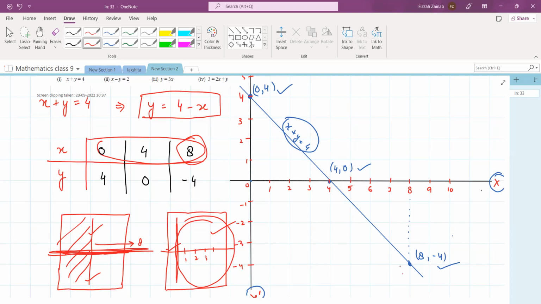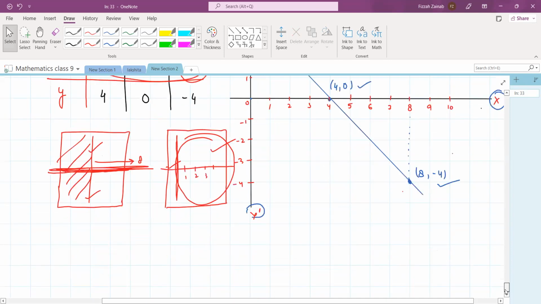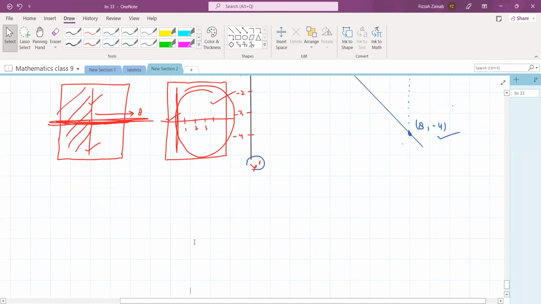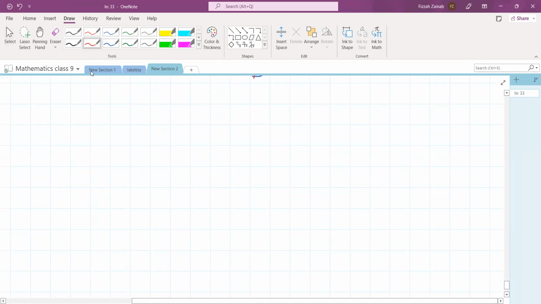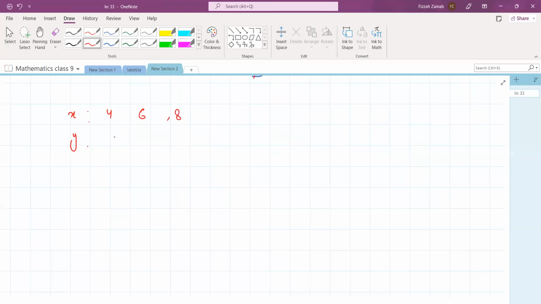And in cases where all the y values are also positive, right? You don't have any negative value, not x and not y. So what you can do in that case? See, if you have values, for example, like this, x is 4 and let's say 6 and 8 like this, and y is also all positive, 2, 5, 7, let's say like this.